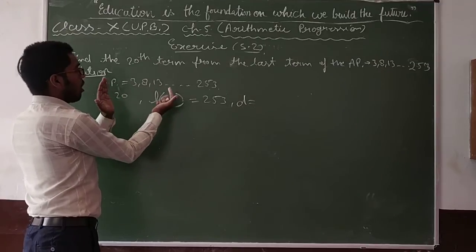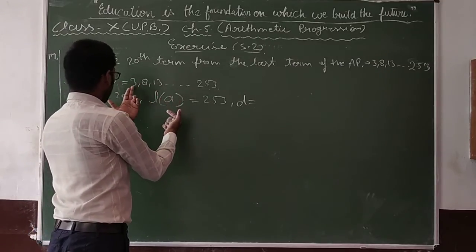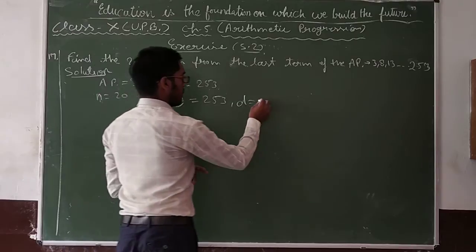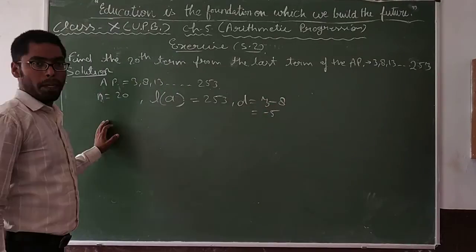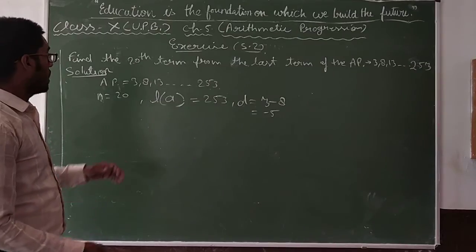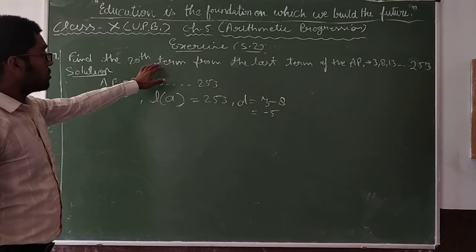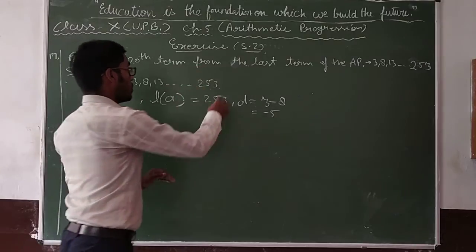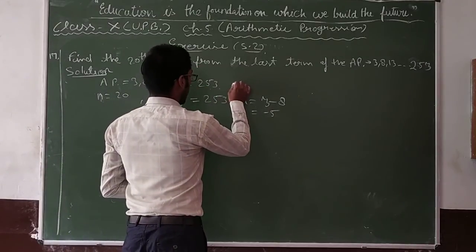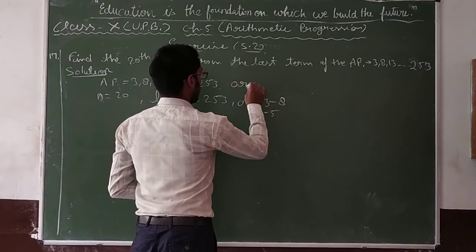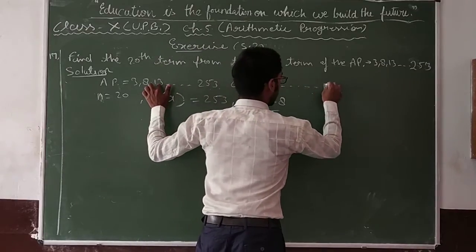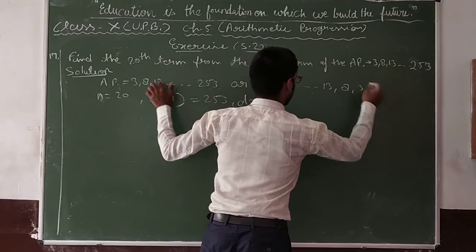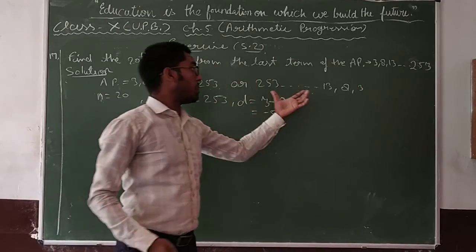No, the common difference will be 3 minus 8, which means minus 5. Here we are going to calculate from the last. You can also write the inverted series: 253 and so on up to 8, 3. Your series will be like this.